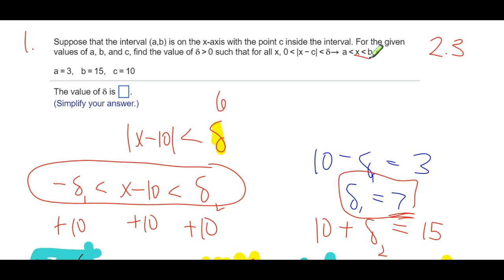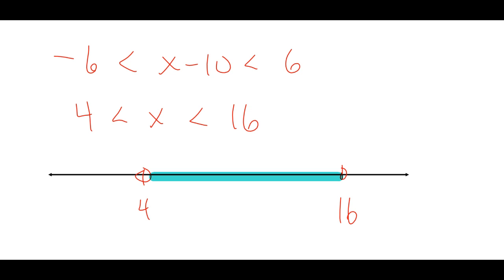If I plug in a and b, 3 and 15, that's what we have to fall between, 3 and 15. This is the interval that we're supposed to fall in. All the x's are.